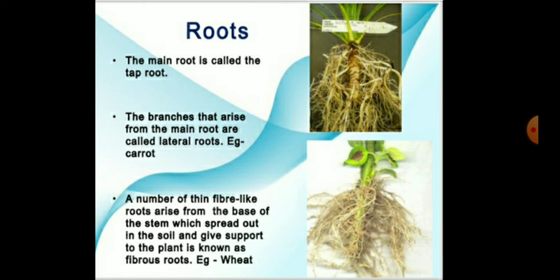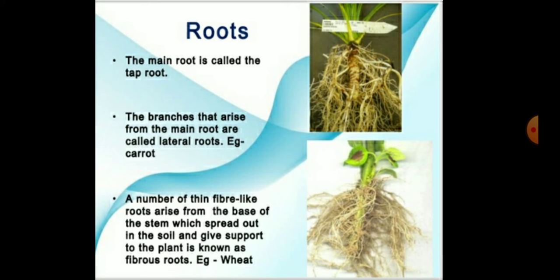The root is the main root. It's called the tap root, and the branches that arise from the main root are called the lateral roots. For example, carrot is the example of the tap root, and the number of the thin fiber-like roots that arise from the base of the stem, which spread out in the soil and give the support to the plant, is known as the fibrous root.